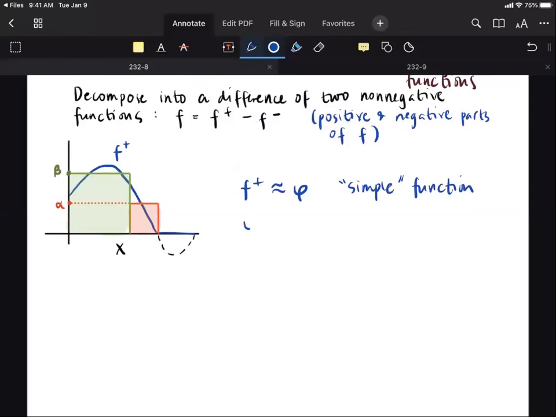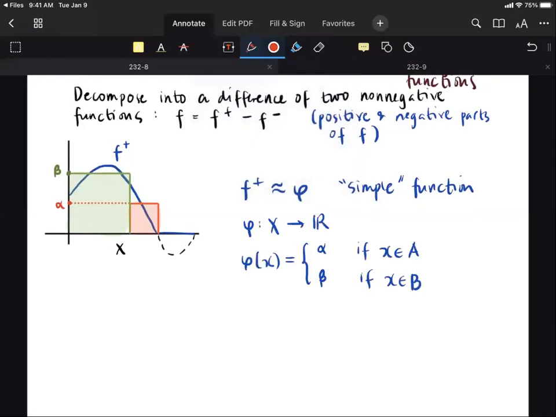And this simple function is given as follows. It is either alpha or beta, depending on whether x is in some set, say A, or in some set B.